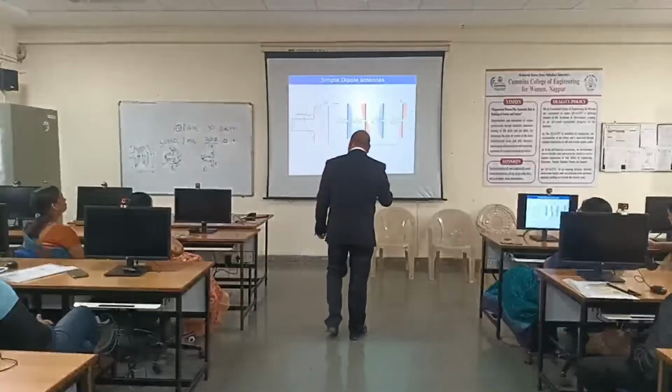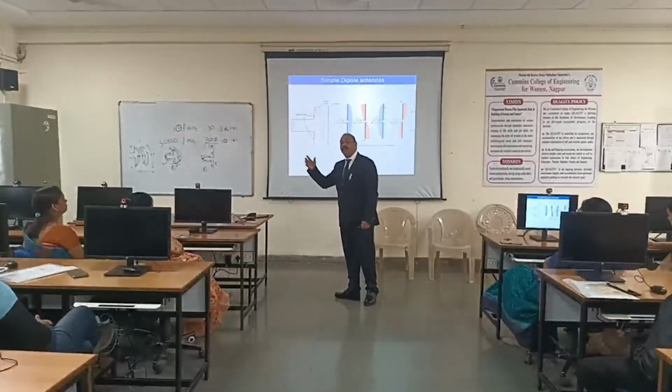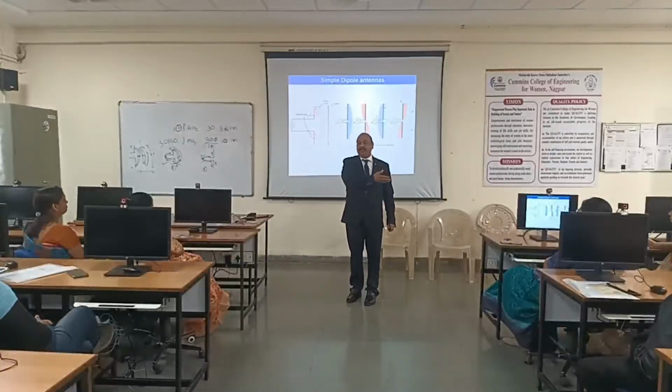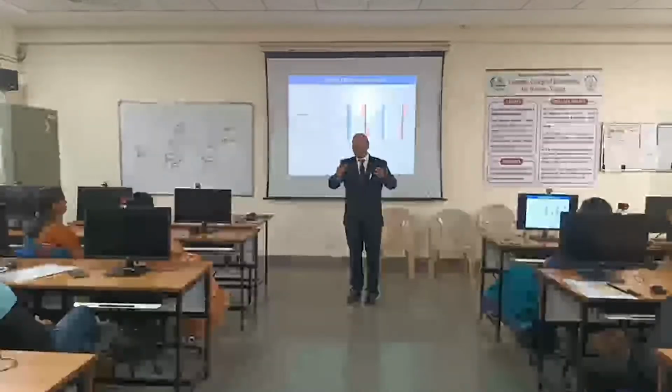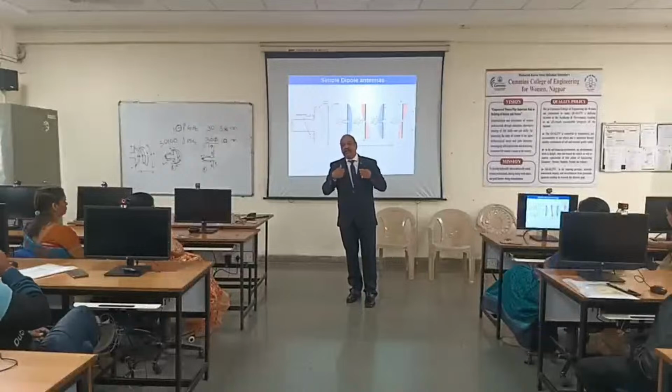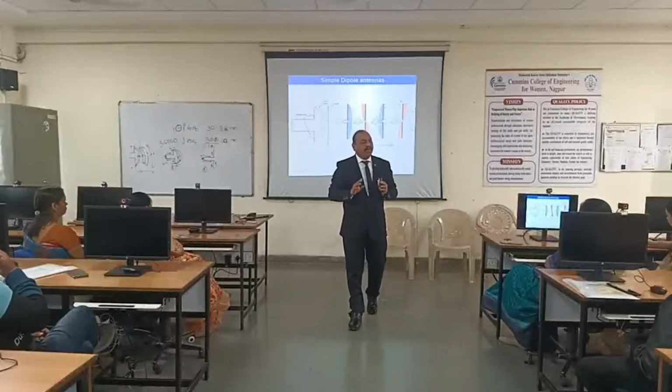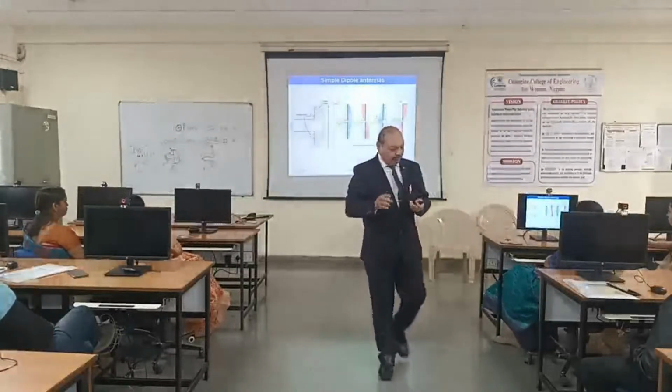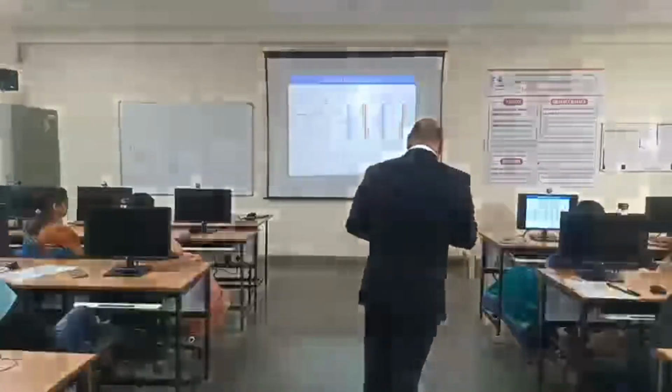When it is used as a receiving antenna, it converts electromagnetic waves into electrical signals. There are two sets of antennas: transmitting and receiving, and that is what we have used here.